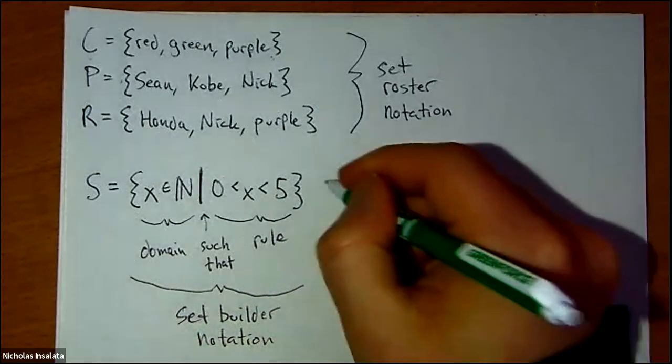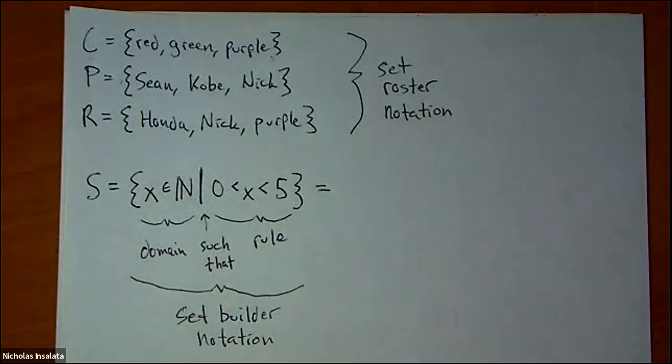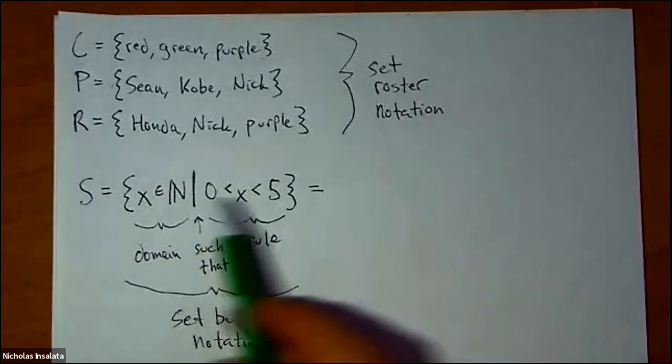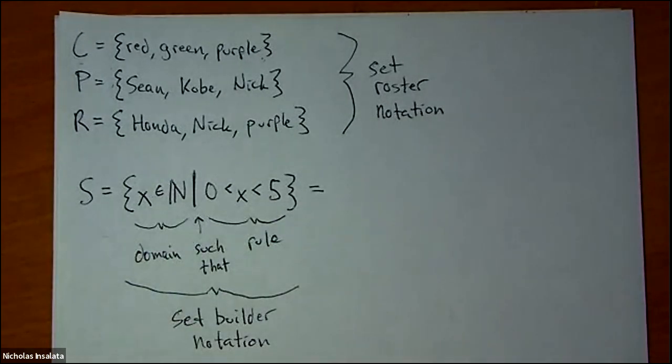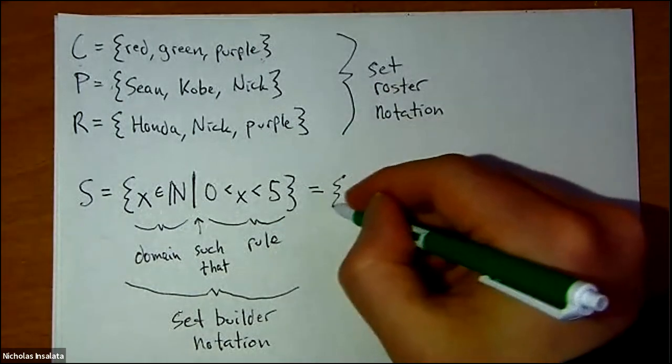If I wanted to translate this from set builder notation into set roster notation, what would be the roster of elements that would be members of this set? Good. 1, 2, 3, 4, right?